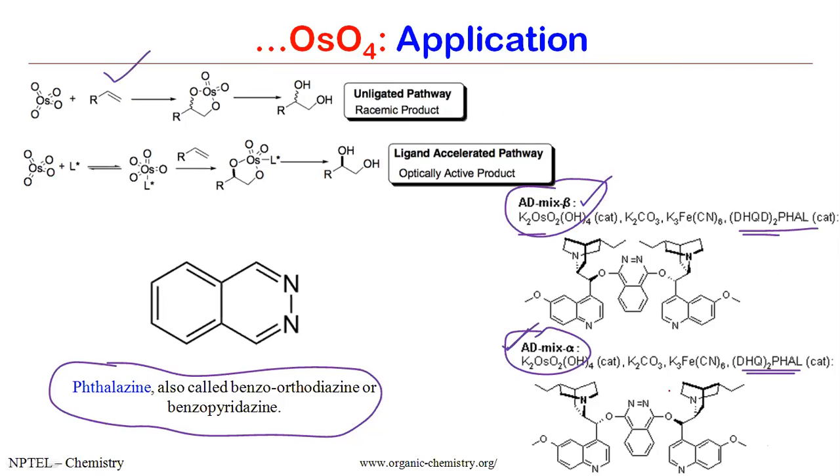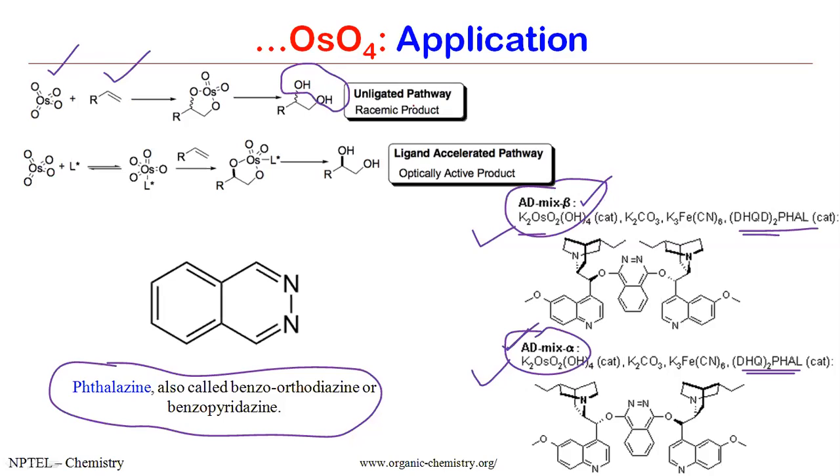All right. So what is the basic role of these chiral ligands? To know that, we have to go through the general reaction of alkene with osmium tetroxide again. We know that once we treat an alkene with osmium tetroxide, we get a diol, but the stereochemistry of this diol is not defined.